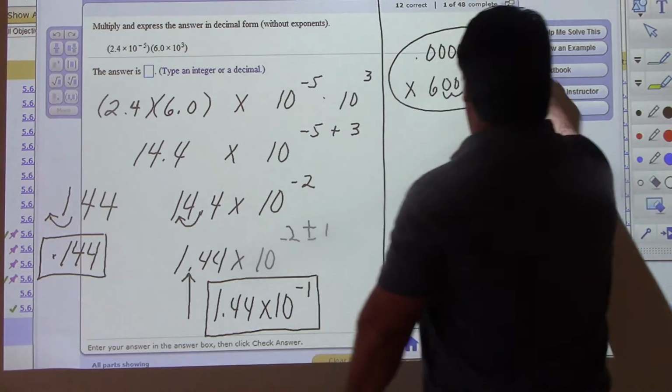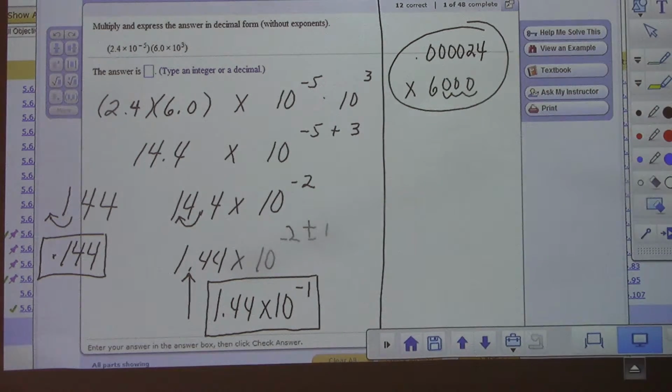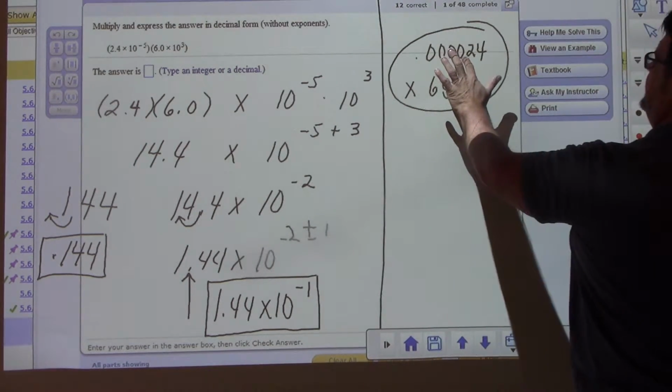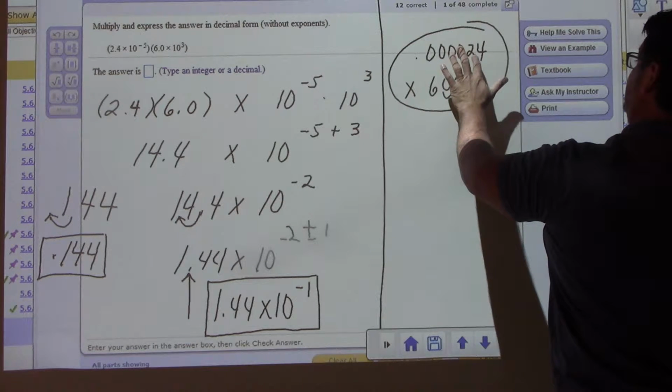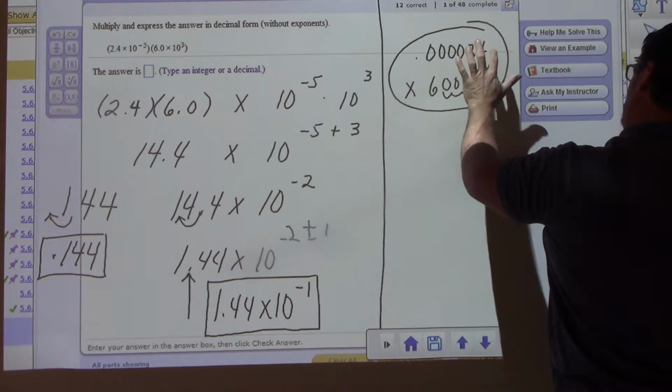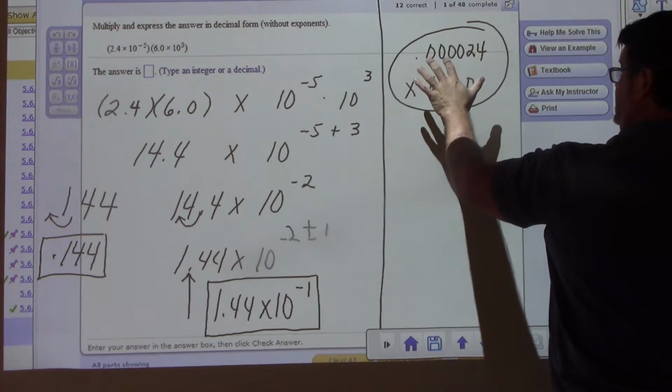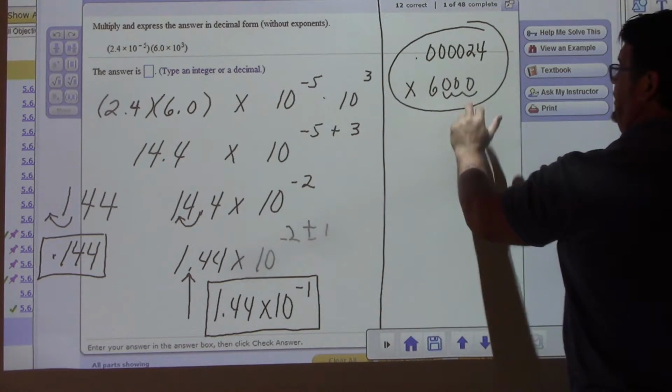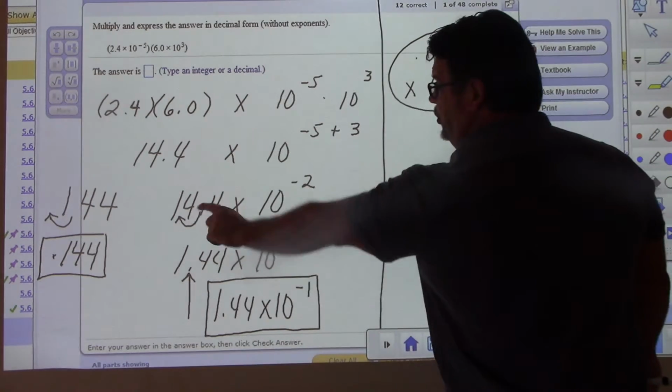We took 24 millionths and multiplied by 6,000 and got 0.144.